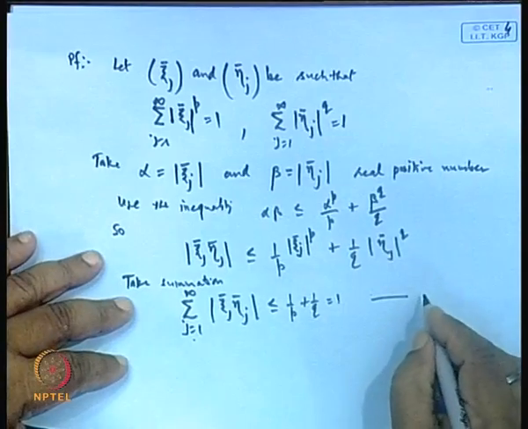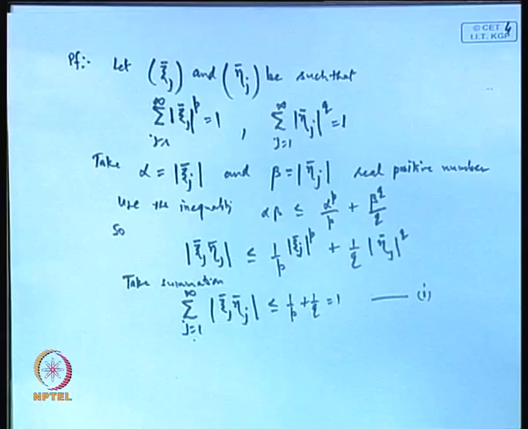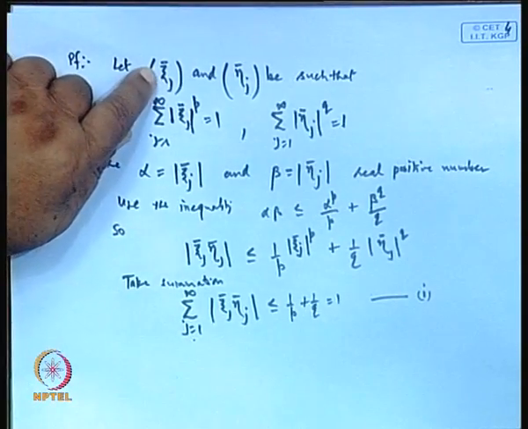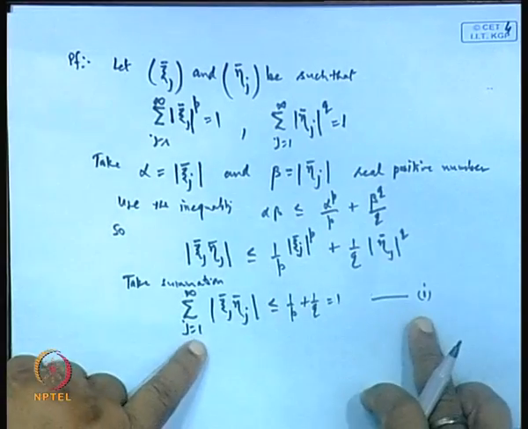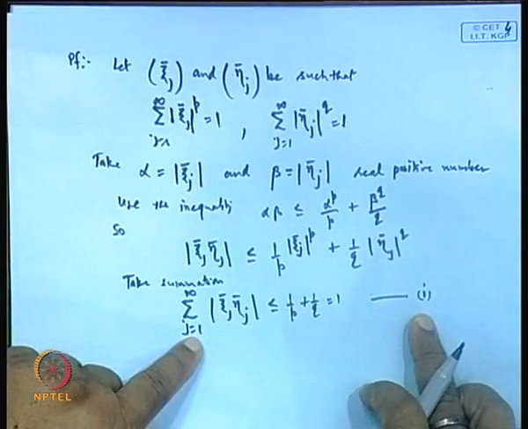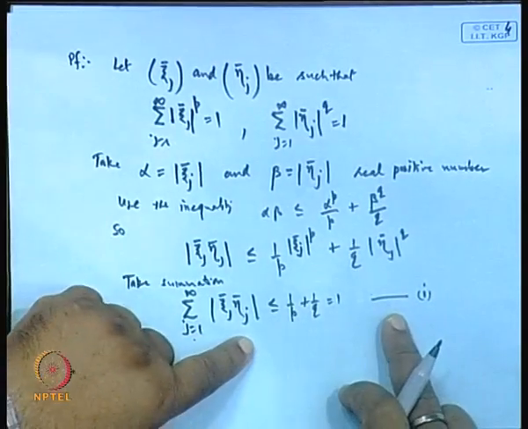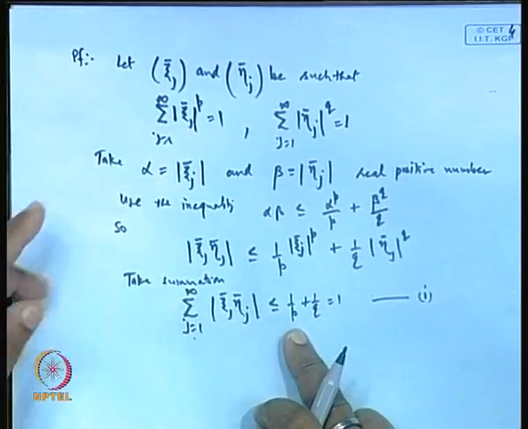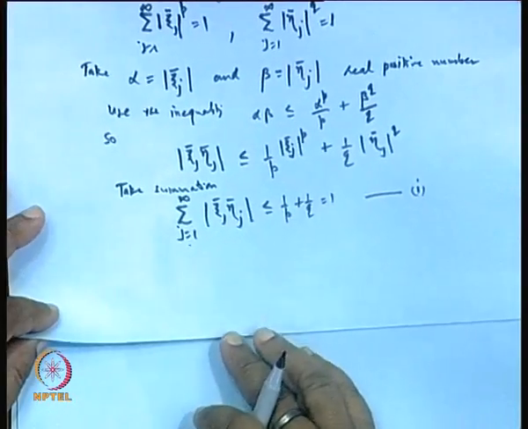Let it be say 1. It means, if I choose xi_j bar and eta_j bar for which this is true, then it will satisfy the condition 1. Okay. Now, taking the advantage of this inequality, we are now in a position to derive the Holder's inequality.